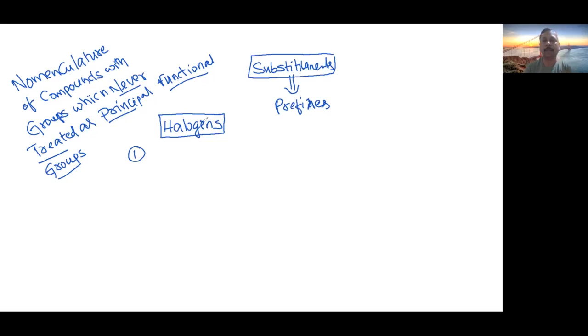When a group of atoms is attached to a hydrocarbon, it affects the chemical changes. Halogens make chemical changes, but still they are treated as substituents only. Even though they are functional groups by definition, for naming they are substituents. Therefore, in the naming, you will write them in the prefix.